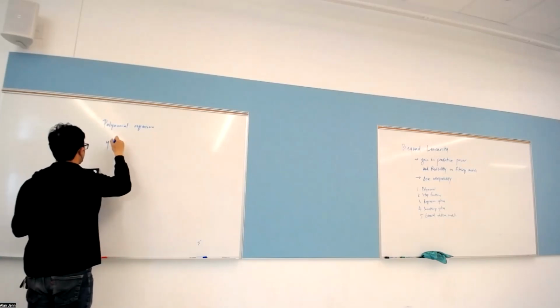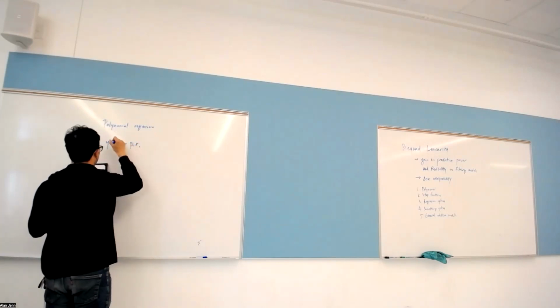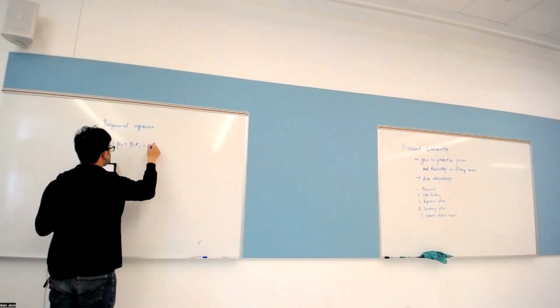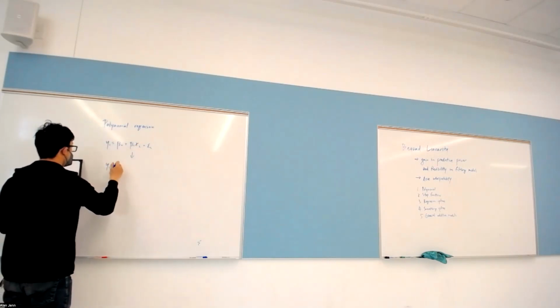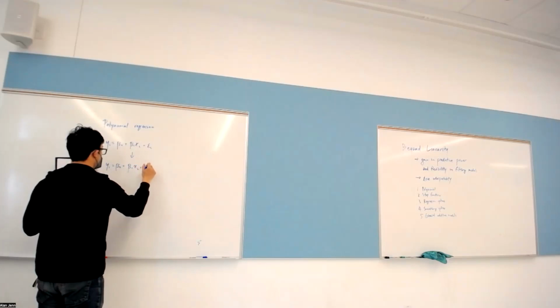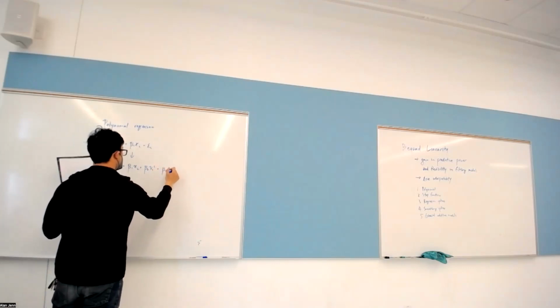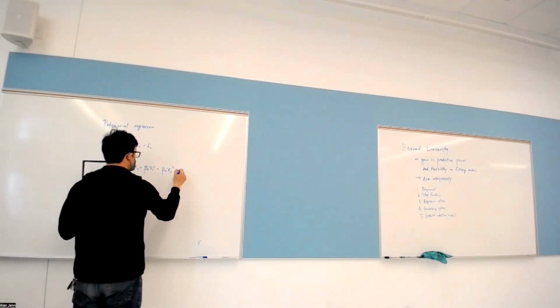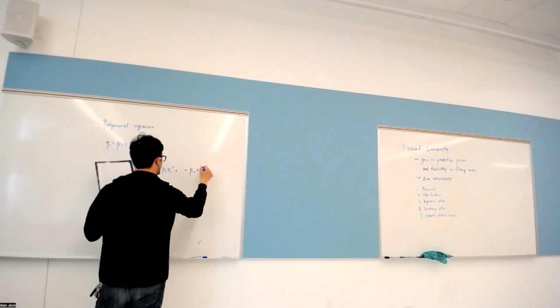So this might look something like a transformation from y_i equals beta 0 plus beta 1 x_i plus epsilon_i, to something like this, y_i equals beta 0 plus beta 1 x_i plus beta 2 x_i squared plus beta 3 x_i cubed, and so on and so forth until you get beta n x_i^n.